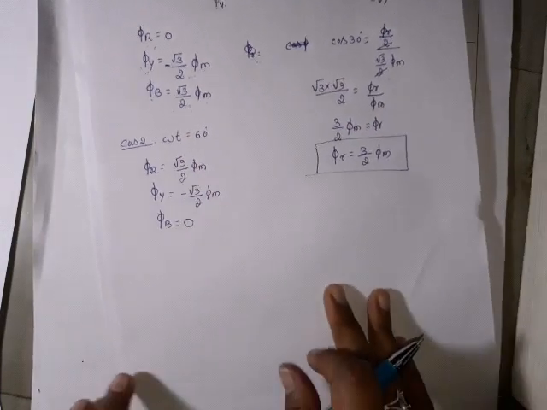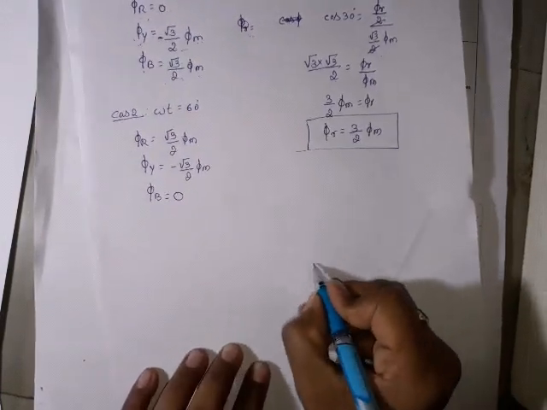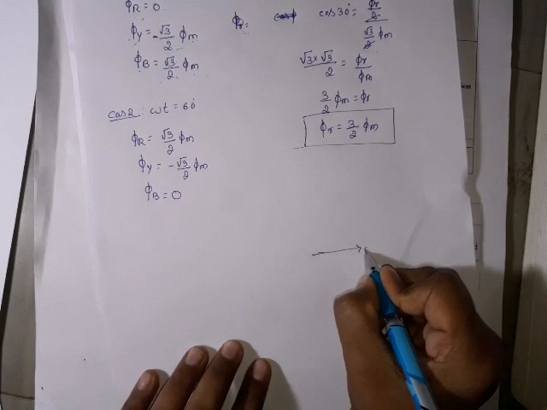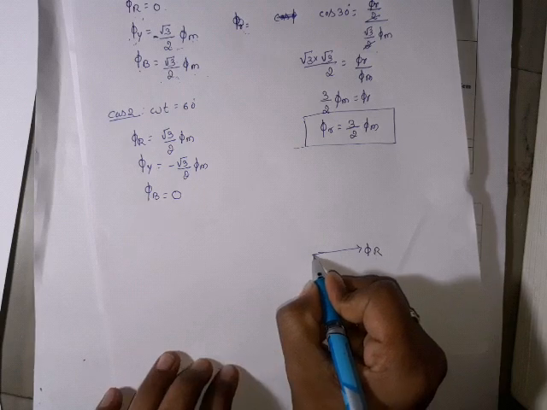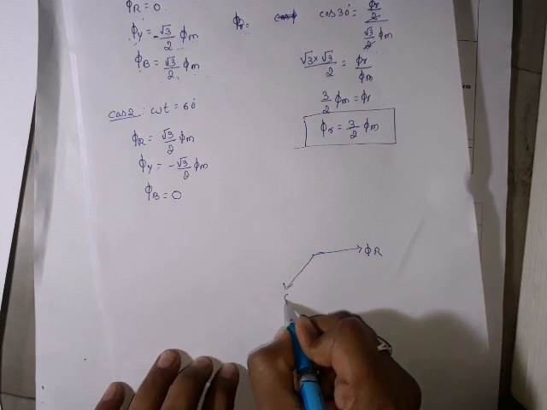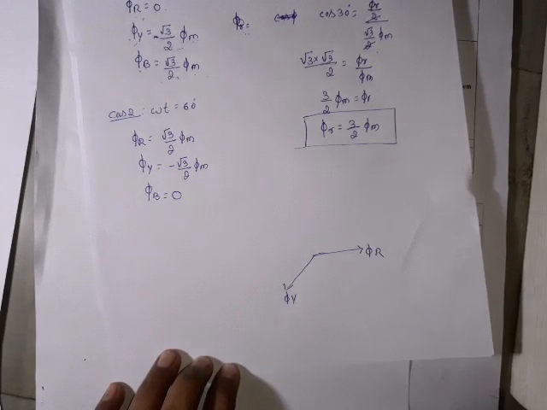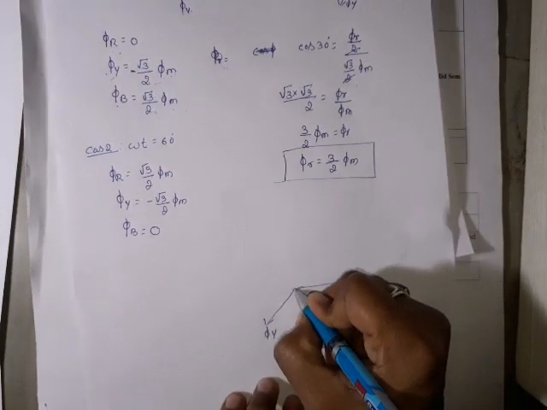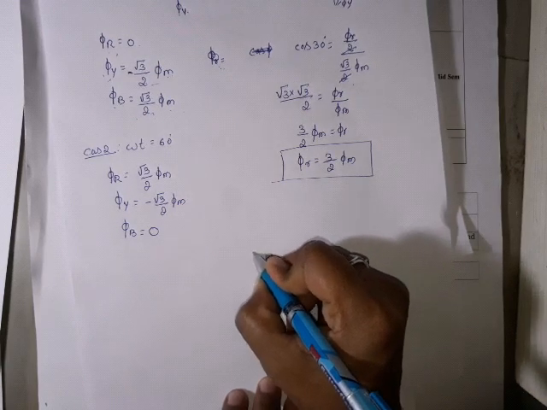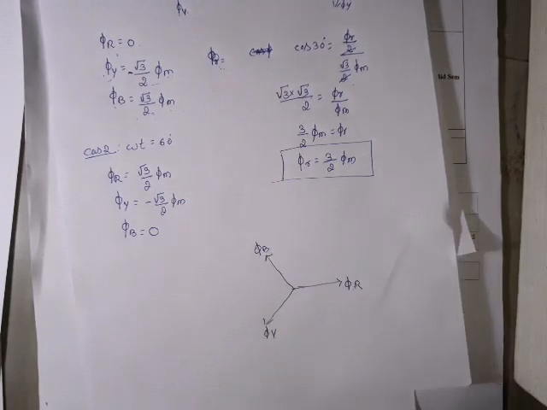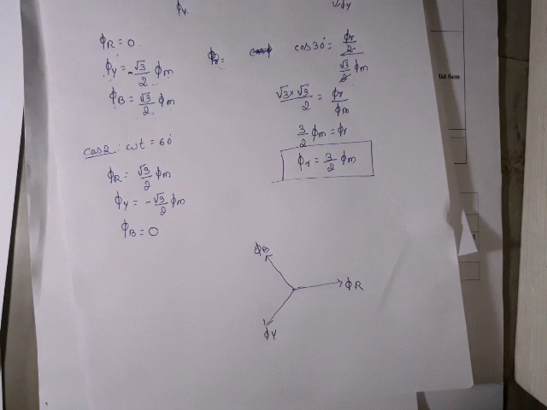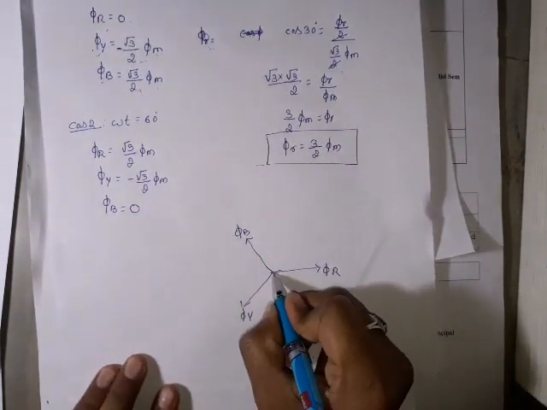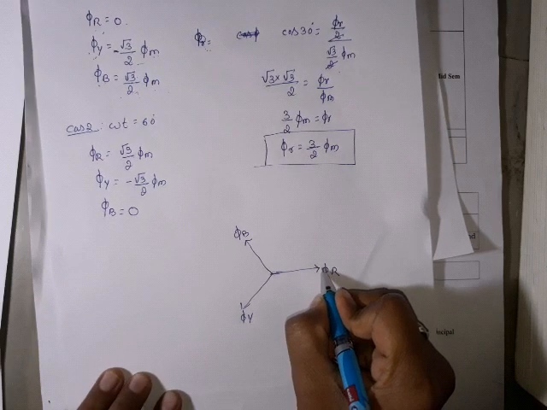Again we'll draw the same vector diagram. So this is phi r. This is phi y. And phi b will be here. So what is the value of phi r? Phi r is root 3 by 2 times of phi m. So this magnitude is phi m.